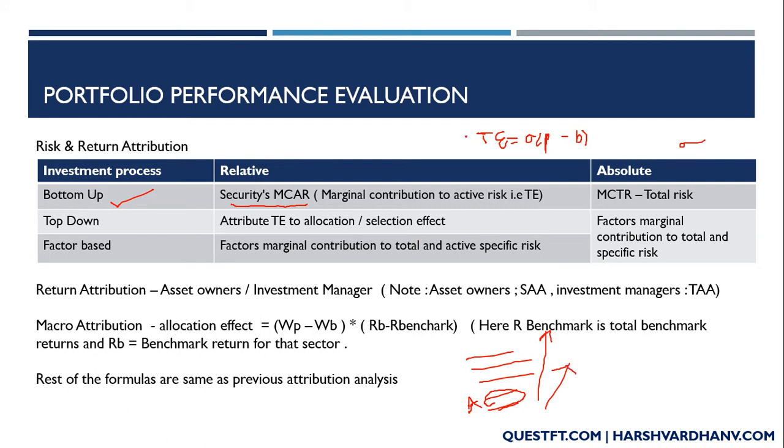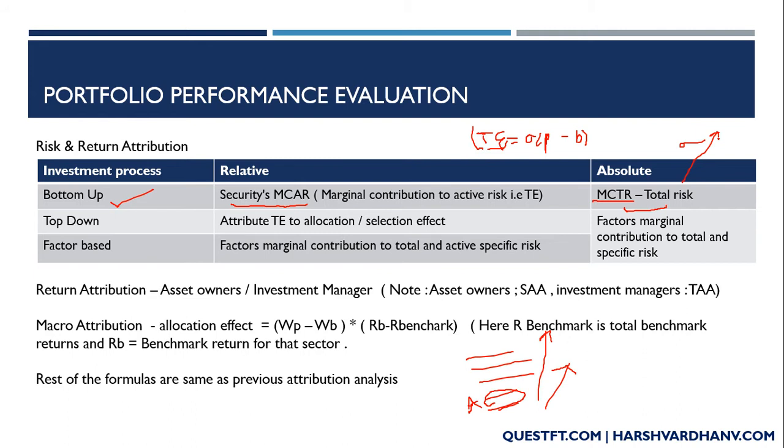And what is the active risk over here? We have discussed that for relative basis, we use tracking error as the active risk. And suppose you want to do the portfolio risk analytics only on absolute basis, only at the portfolio level, then it will be marginal contribution to the risk minus total risk.